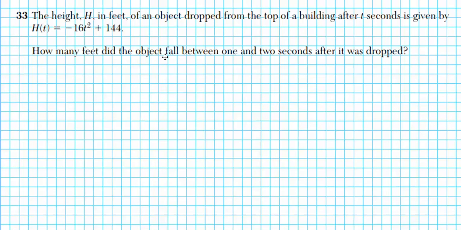Okay, so the feet that it dropped between 1 and 2 seconds is basically the difference, the change in height. So let me give you a visual. Let's say this is the height from the ground, okay? And then the object is falling, of course, from the top of the building to the ground.